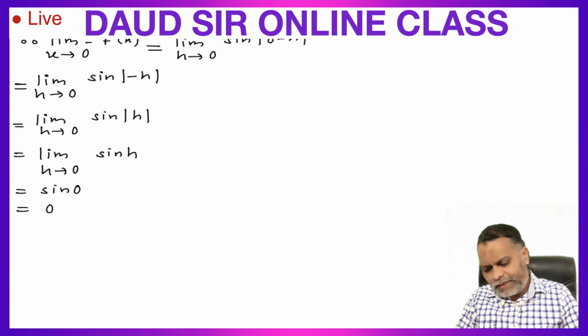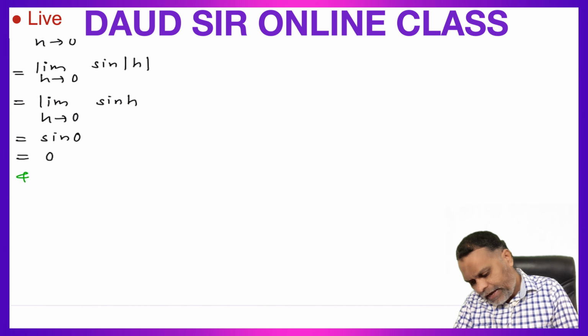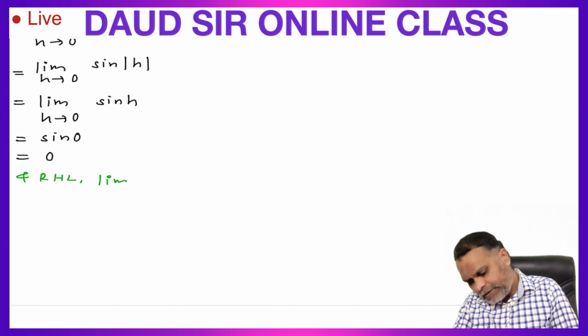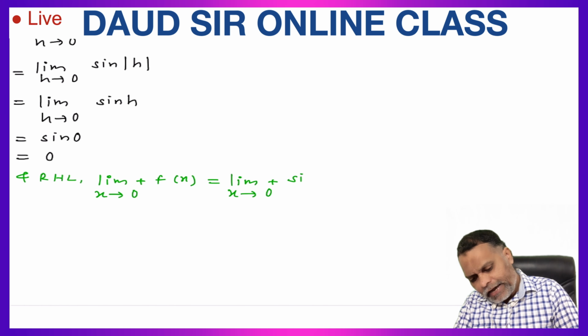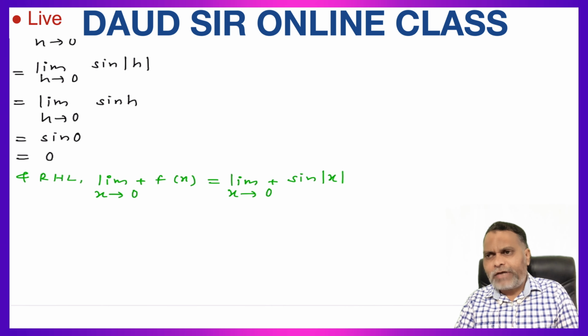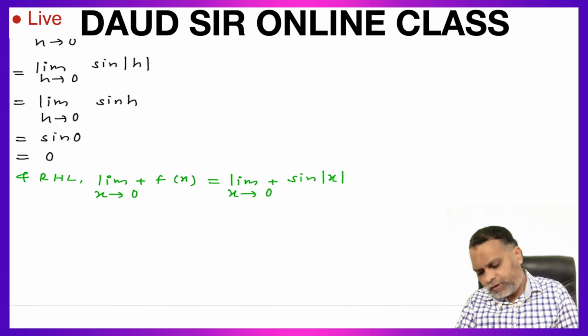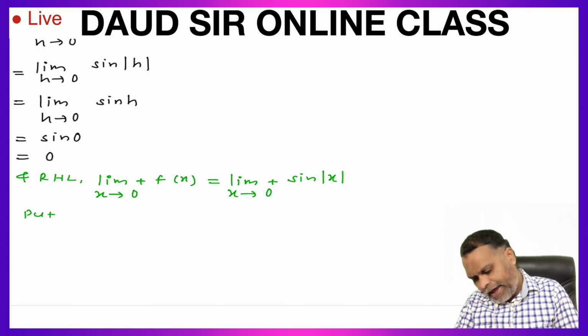Now right hand limit: limit x tends to 0 plus f of x is equal to limit x tends to 0 plus, the function is sine mod of x. For right hand limit we have to substitute x is equal to a plus h. Here a is equal to 0, so put x is equal to 0 plus h.